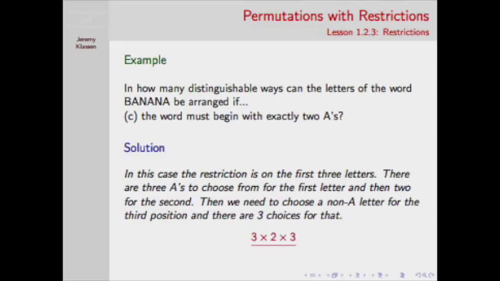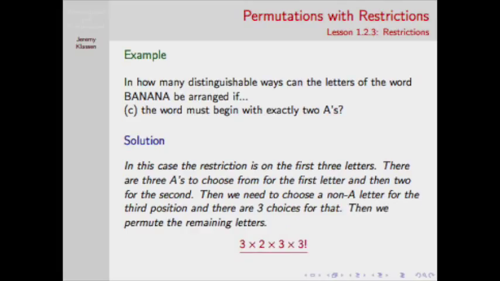Now we need to choose a non-A letter for that third position, and there are 3 different choices for that. And now that we've dealt with the specific restriction, there are 3 letters left over that need to be permuted. And then finally we divide by 3 factorial times 2 factorial for the repeated letters.